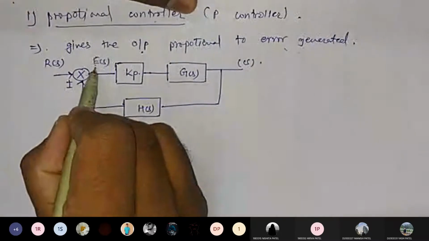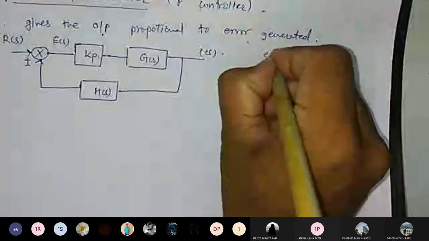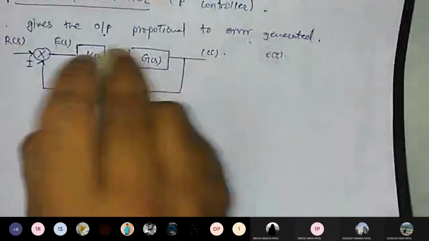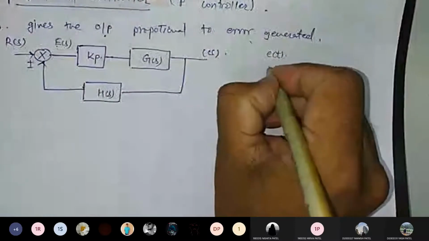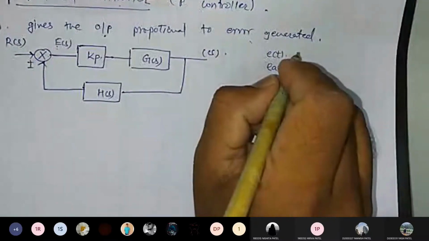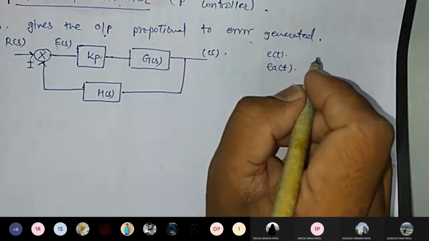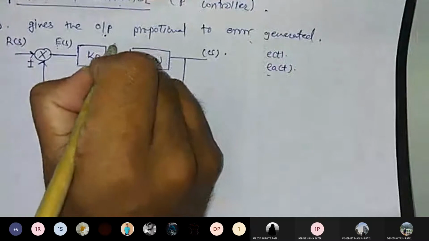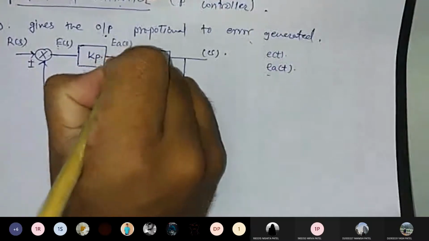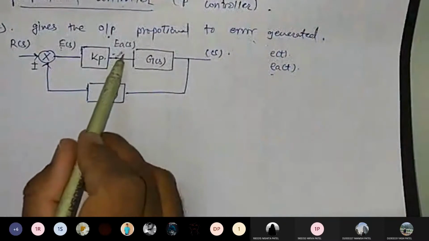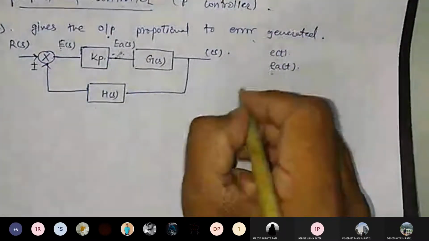In the time domain, we will have the error, and whatever output we are getting over here, I am giving the name Ea.